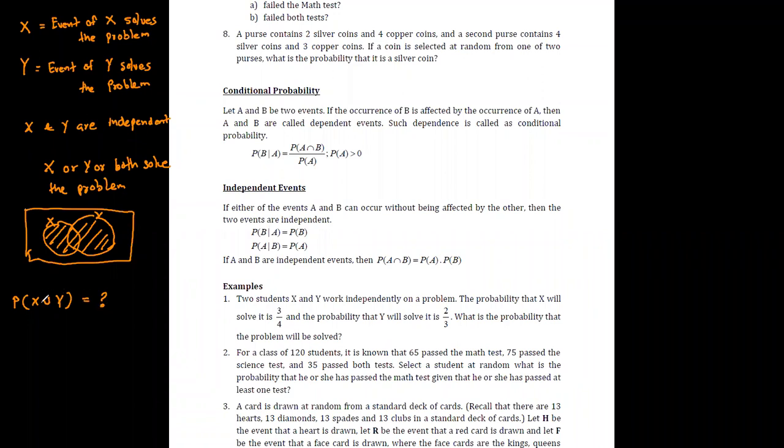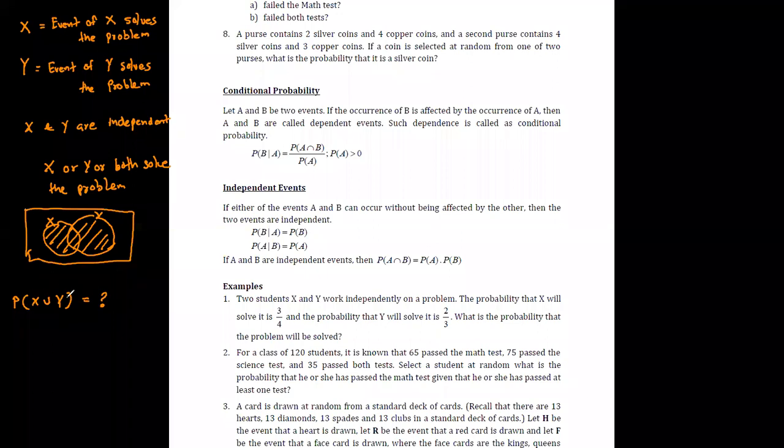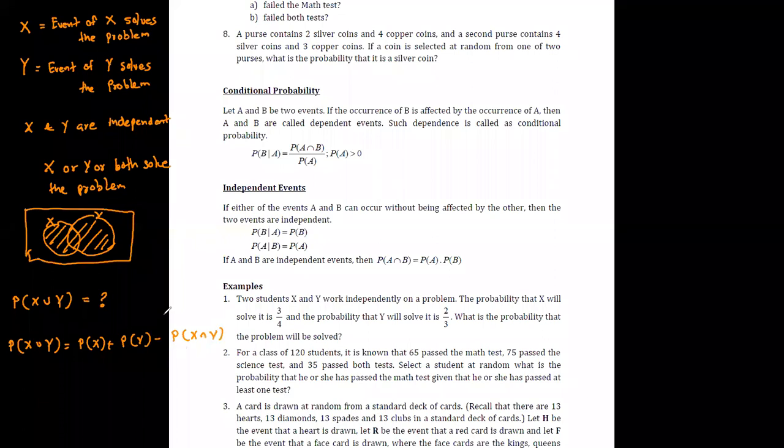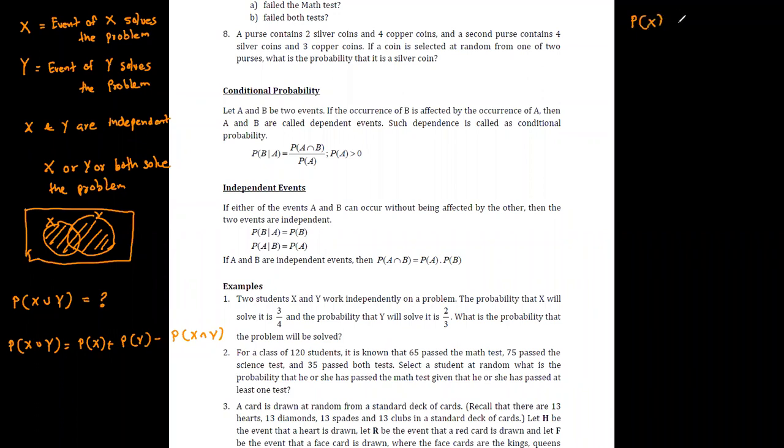When we were discussing the rules under the axiomatic approach of probability, the probability of X union Y was identified as probability of X plus probability of Y minus probability of X intersect Y. So far, we know the value for probability of X. It is because it is given that the chance that X solves this problem is 3/4.